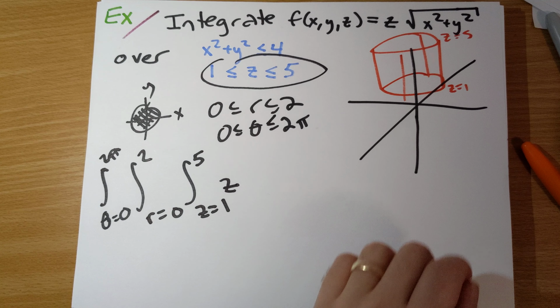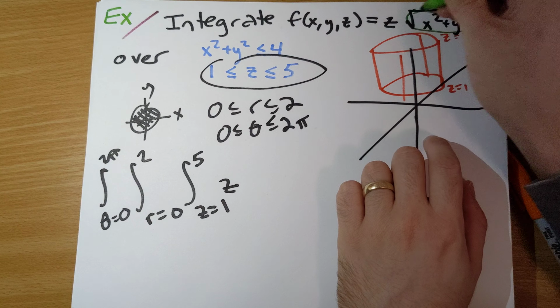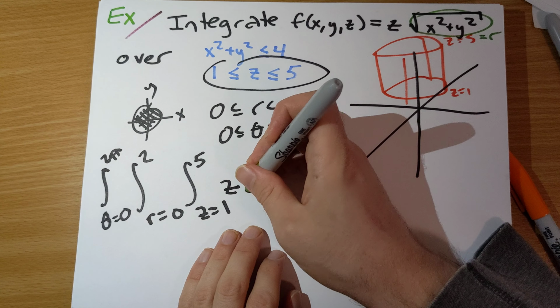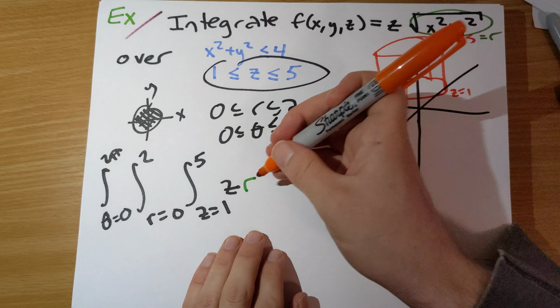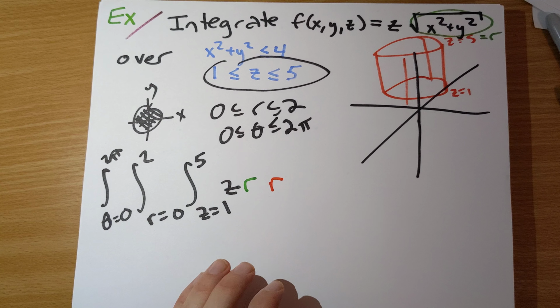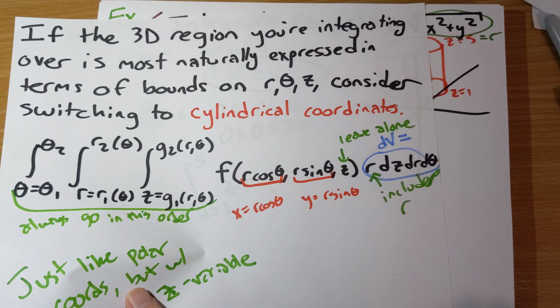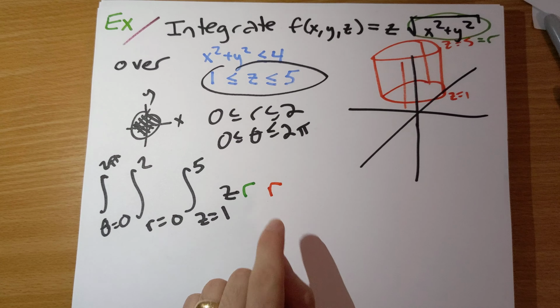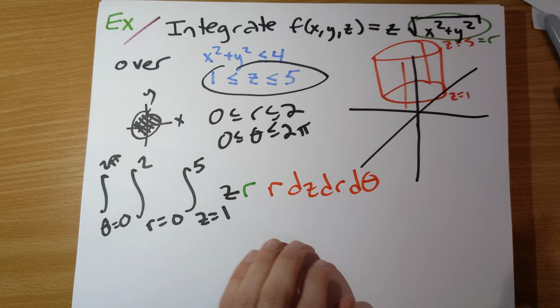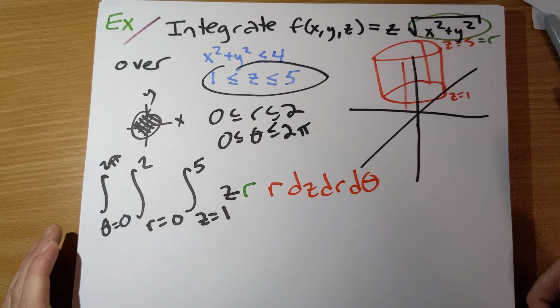And then realize here, the square root of x squared plus y squared is r. So z times r. And then we throw in the factor of r here. That comes from dV. So we have r dz, dr, d theta. So this is what we are integrating here.